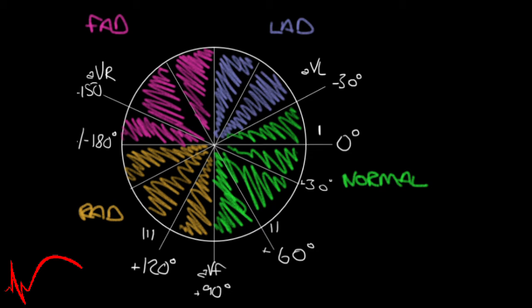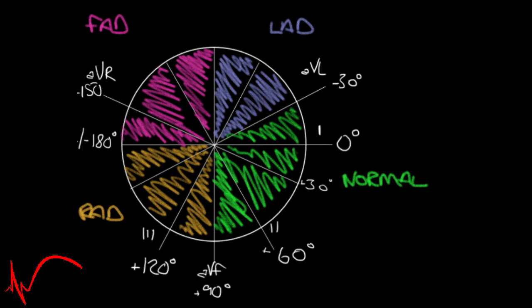Now, in order to calculate the conduction axis on an ECG trace, we're going to want to assess the leads that you see on the hexaxial reference system diagram. So, leads 1, 2 and 3, AVL, AVR and AVF.